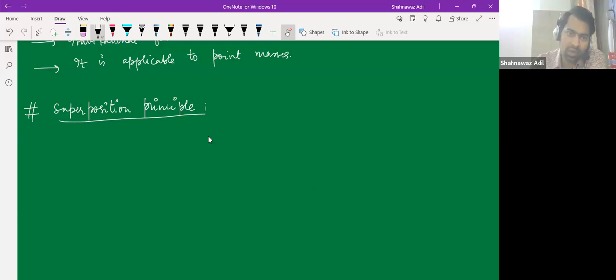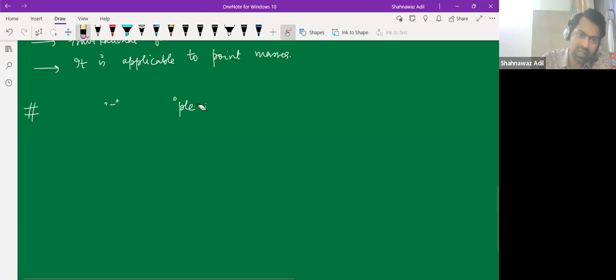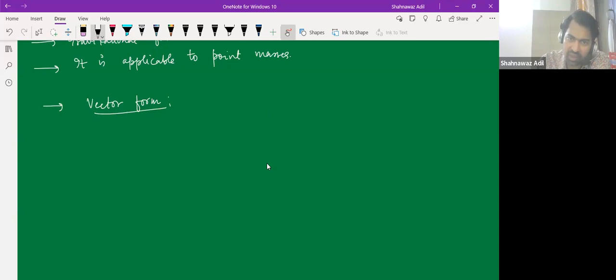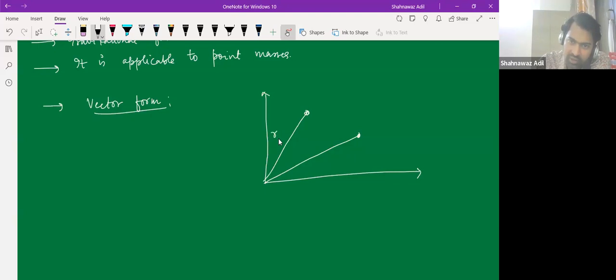But before we do that, let us write Newton's law of force in the vector form. Right. So in vector form, what would be the gravitational force? So we have the xy axes, and let's say this is R1 and this is R2, right?